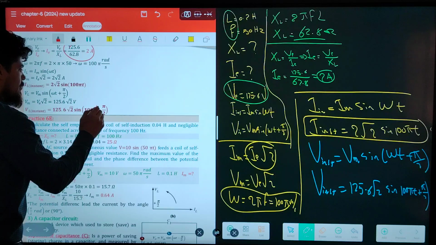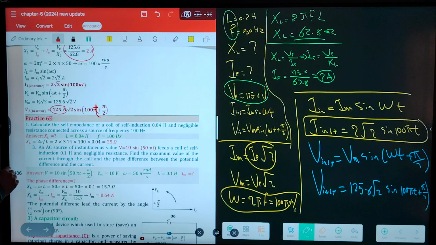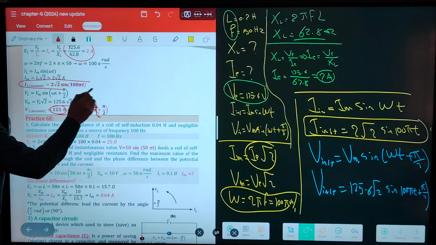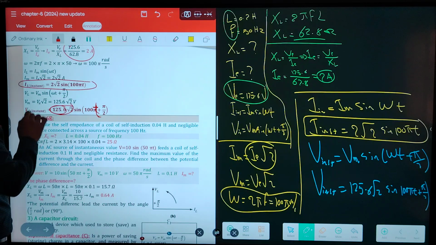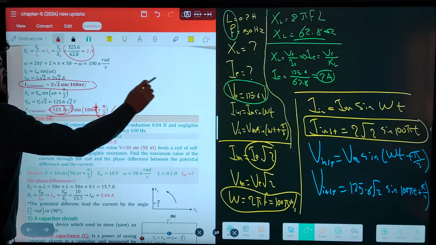Guys, I forgot to write t here. Write down t, okay? 100 pi t plus pi over 2. This is Vm, sorry. This is the expression of instantaneous current across the inductance, and this is the instantaneous potential difference across the inductance.